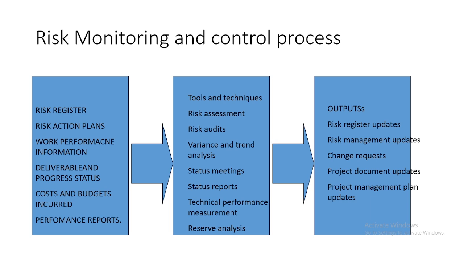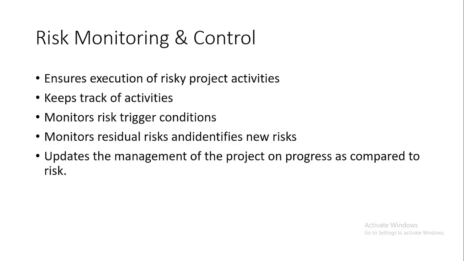After you've done your risk audits, variance and trends, you actually then update your risk register, your risk management updates. You can change any requests according to the strategies that have been proposed. Then you can update your project documents and then your project management plan.